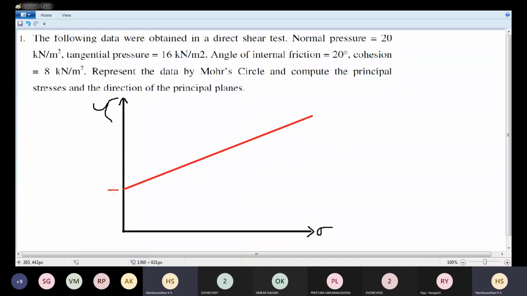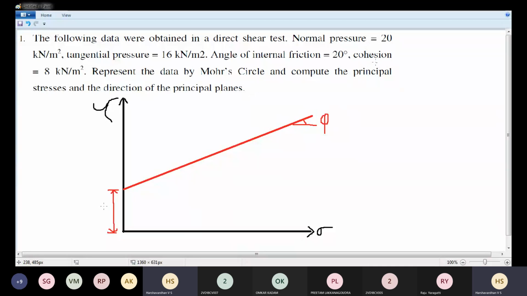its y-intercept is nothing but the cohesion, and the angle of the line is the angle of internal friction. So they have already given what is the value of cohesion.